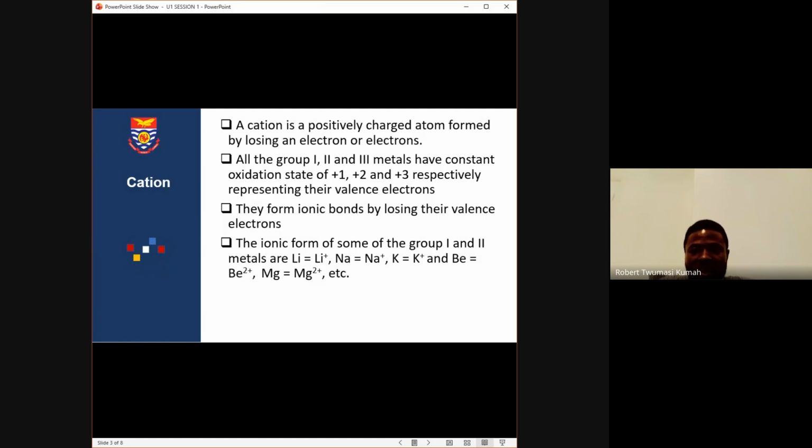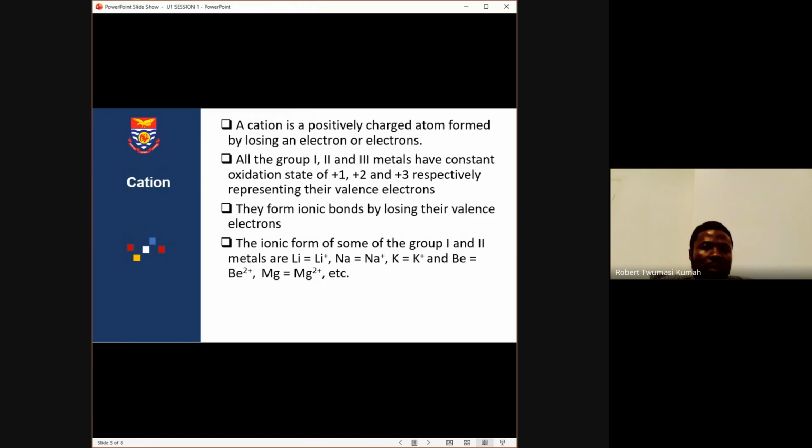Anytime any of these happens, it is no more an atom, but becomes an ion. If it gains to be stable, it is an ion. If it loses to be stable, it is an ion. And so we usually talk about an ion as a charged atom. When an atom becomes charged, it changes from an atom and becomes an ion.